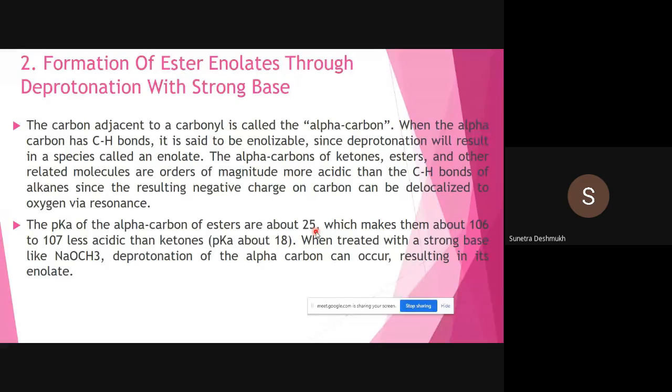In simple ketones like acetone, the hydrogens are more acidic compared to the ester, which has a COOCH3 or COOC2H5 group.